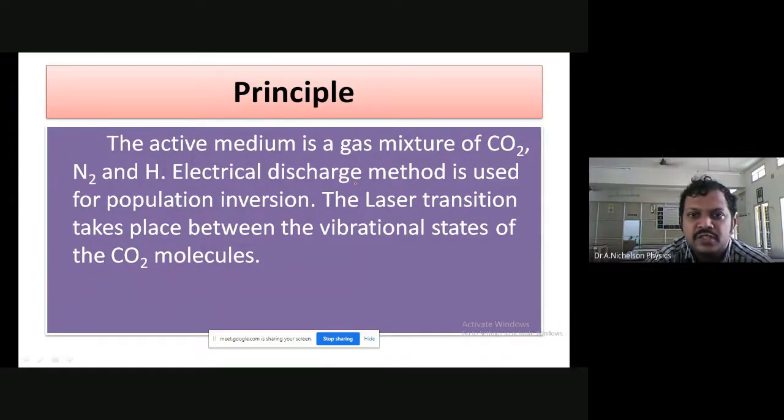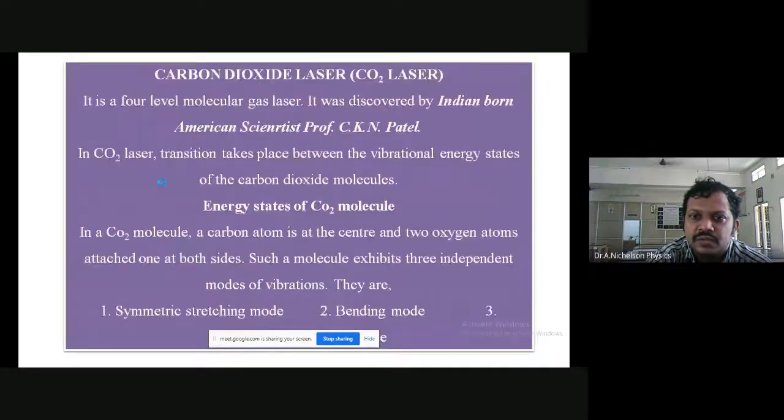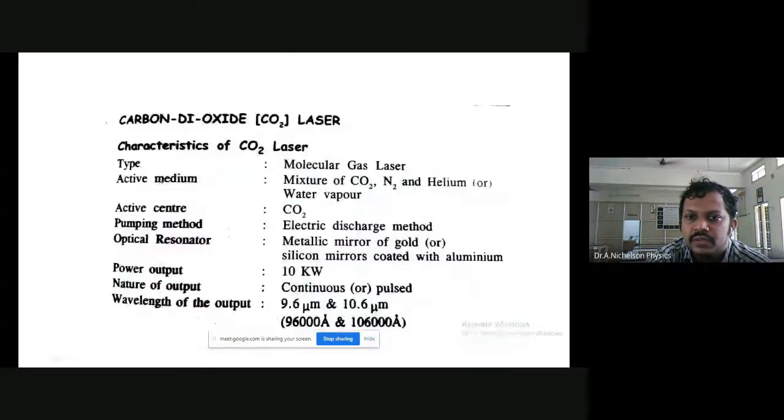So here the active medium is a gas mixture of carbon dioxide, nitrogen and hydrogen. In some cases you can use helium also. Yes, here you can see helium.